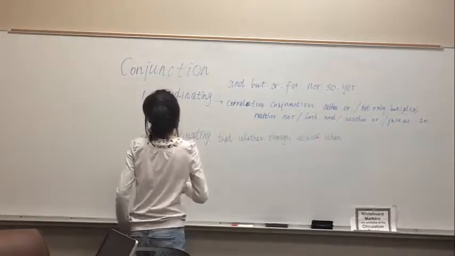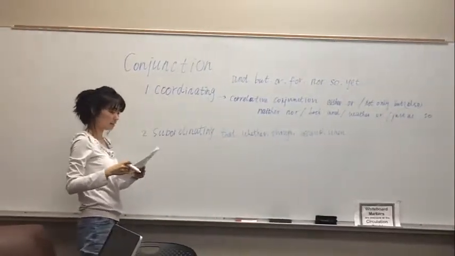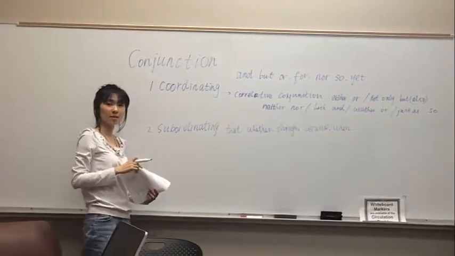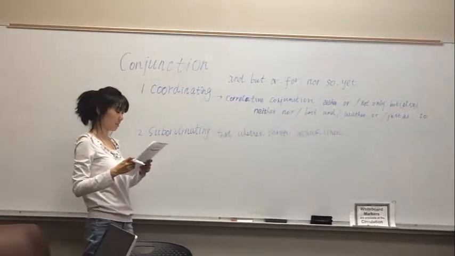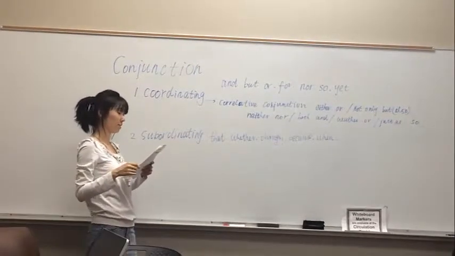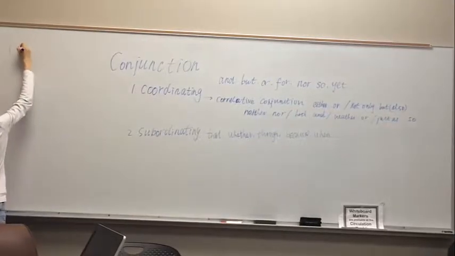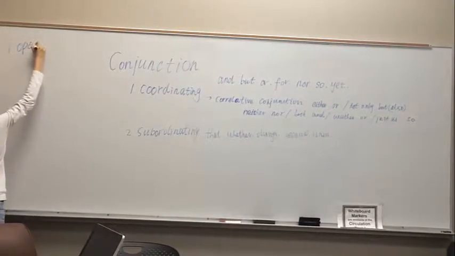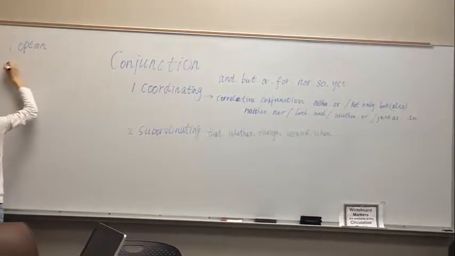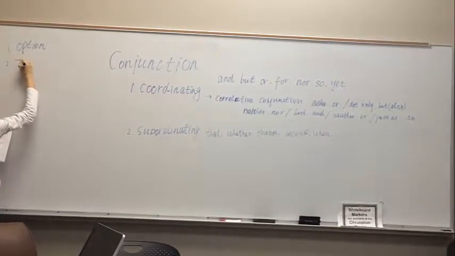And except for these two types of conjunctions, conjunctions also have different functions. Usually there are 4 different usages of conjunction. The first one is option. The second one is turning.